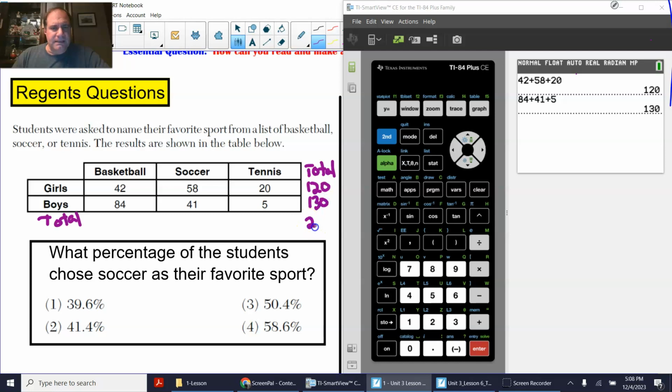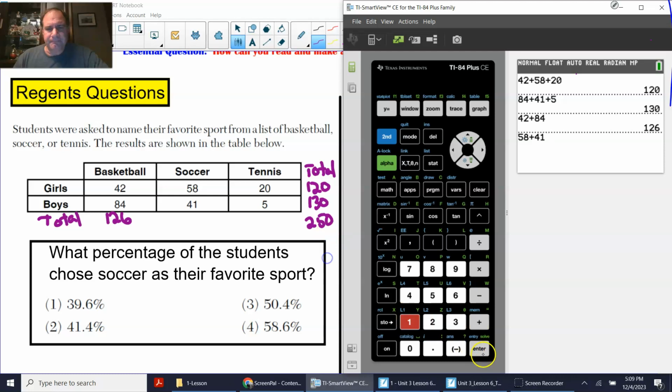So it looks to me that I have 250. Right, so if I could 42 plus 84, 126. I need the soccer column anyway, so 58 plus 41, 99, and this is 25. So this plus this plus this is 250.